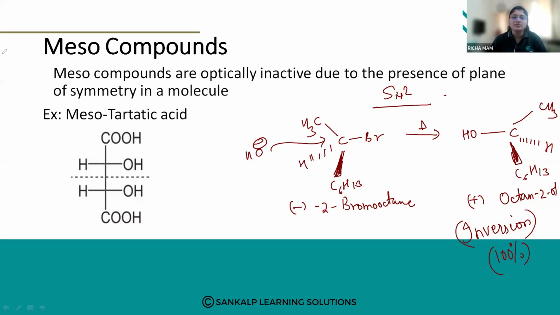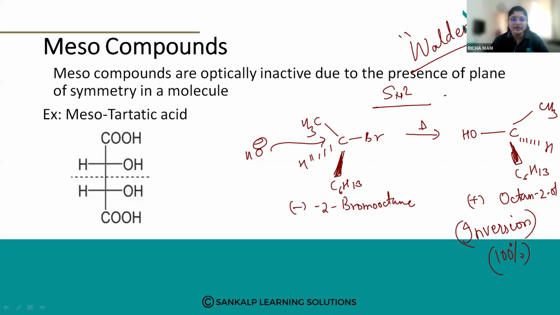What is the name of the inversion seen in the SN2 mechanism? It is called Walden inversion. Important, mark this. So Walden inversion is the inversion seen in the SN2 mechanism.